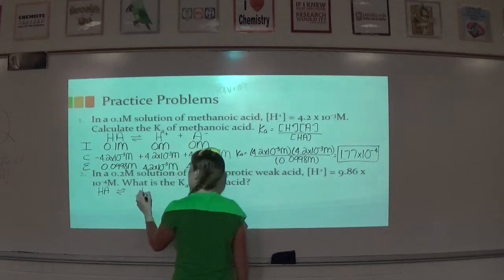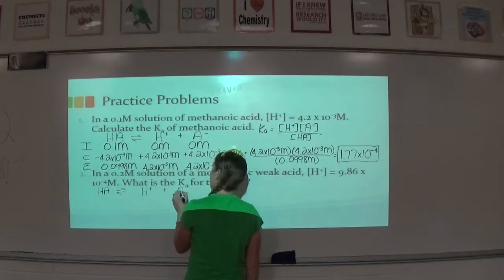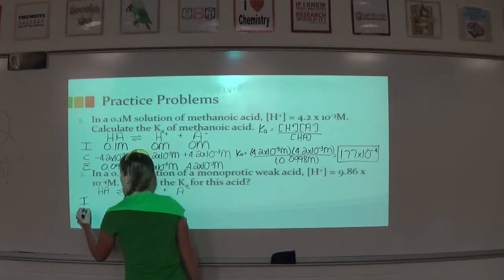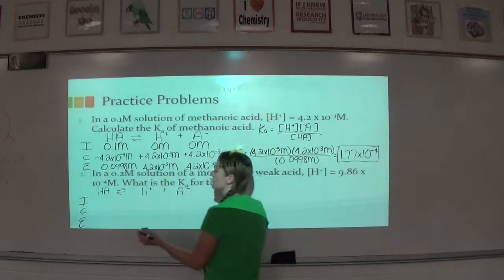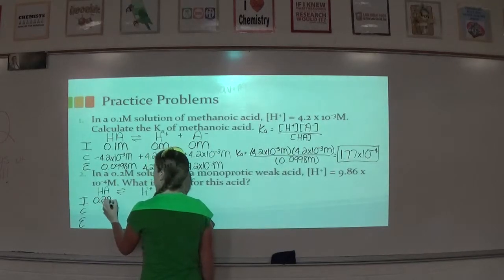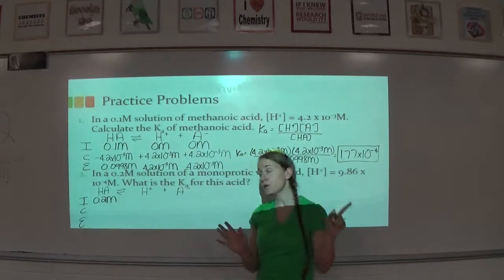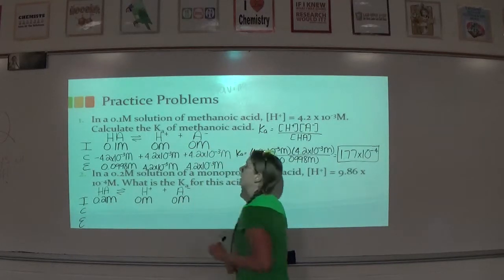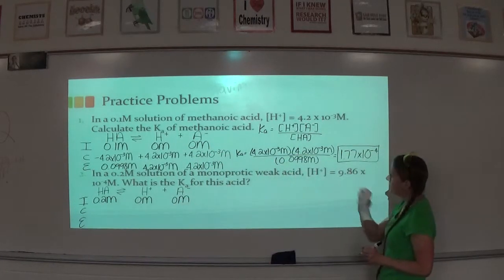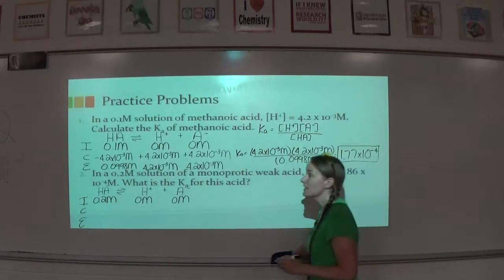So HA yields H plus A minus, and we set up our ice. So it says we're starting with a 0.2 molar solution of our monoprotic acid. And then again in here, because we're doing newborn baby ice charts, we're starting with 0 of our products. And then it tells me that H plus is 9.86 times 10 to the negative 4 molar.